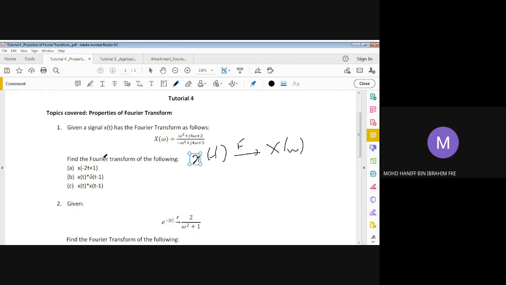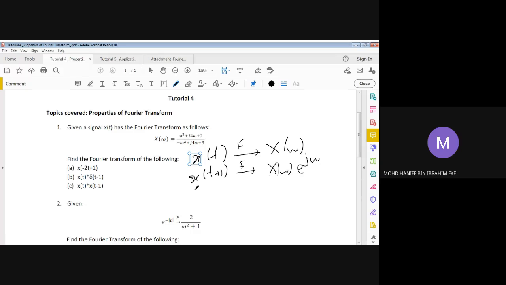So if you base on this number 1 of part A, you have two operations. We always proceed with the time shifting. So x of t plus 1. If we transform this, it will give us X omega times exponential of j omega. Because your shifting constant is 1, you're going to have e to the j omega. Supposedly it should be t naught here, but since we have a constant of 1, it is j omega.